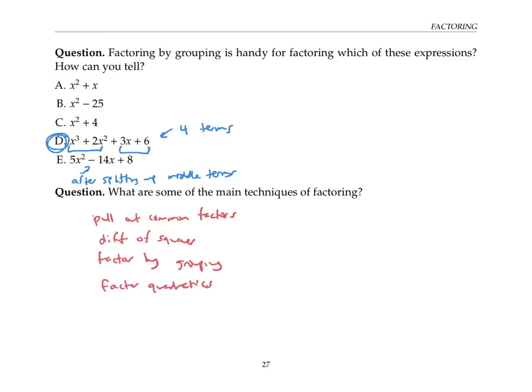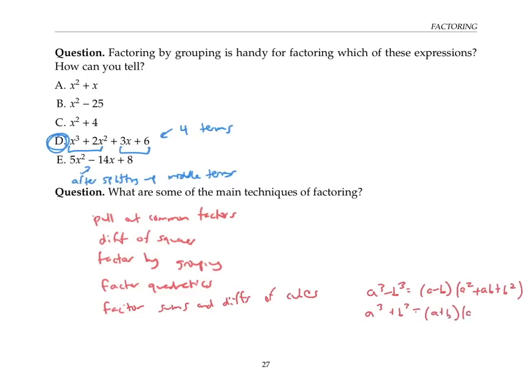And one more that I didn't mention is factoring sums and differences of cubes. That uses the formulas a cubed minus b cubed is a minus b times a squared plus ab plus b squared, and a cubed plus b cubed is a plus b times a squared minus ab plus b squared.